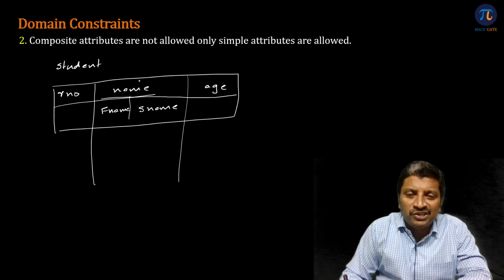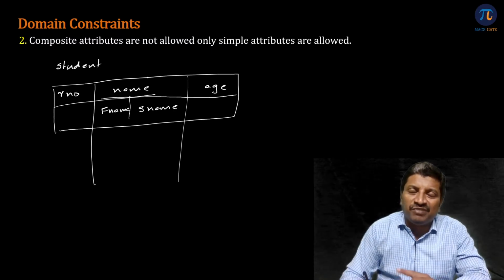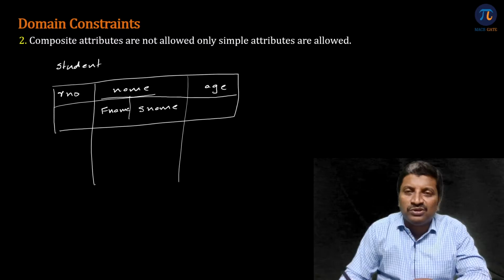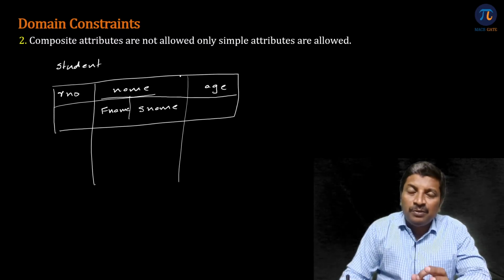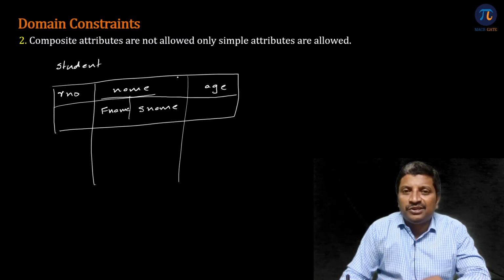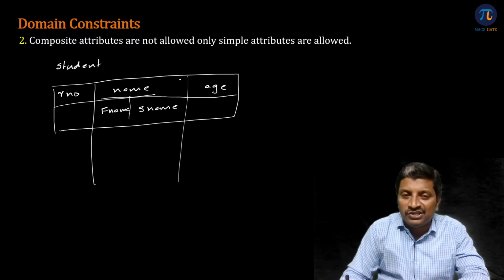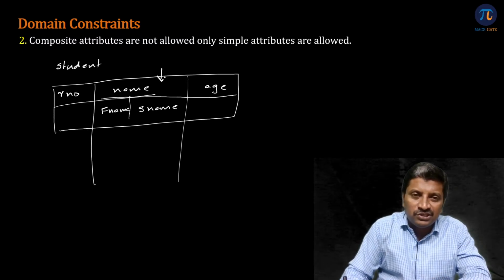So my intention is that name should consist of two parts. If I draw this table on white paper, we can draw it without any hesitation. But whenever we create a table or a relation in the relational model, this is not allowed.